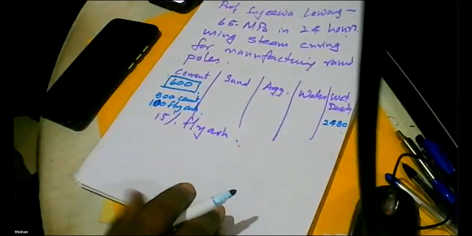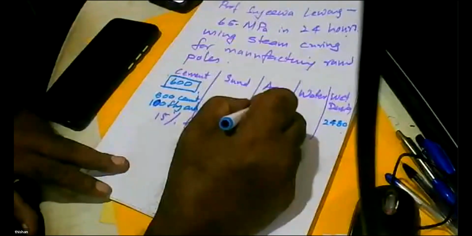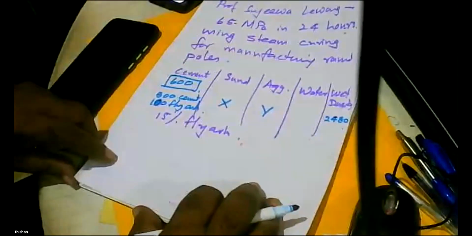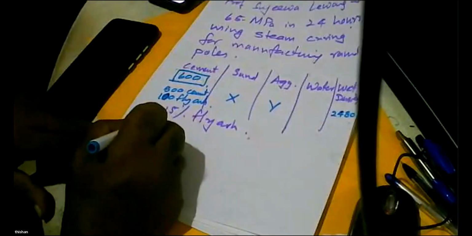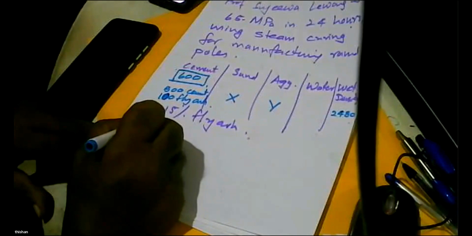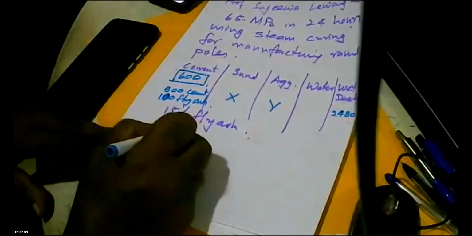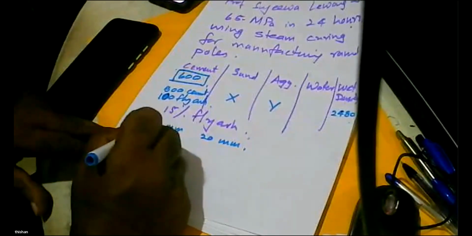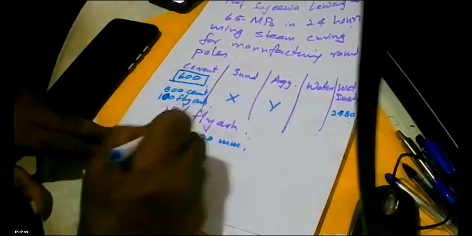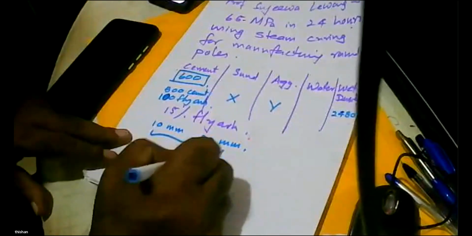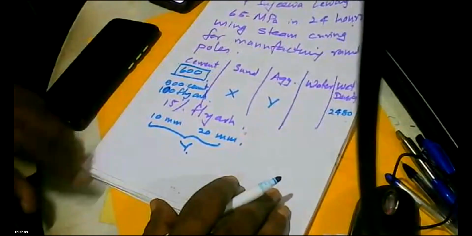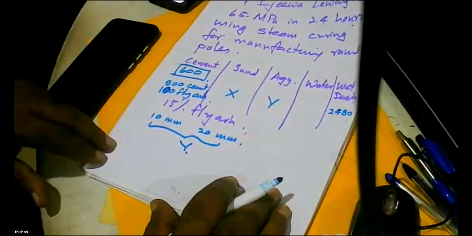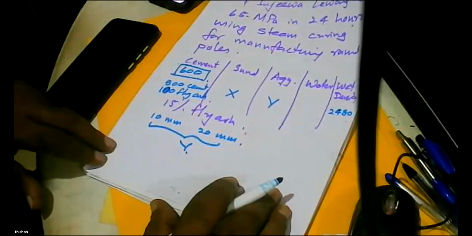And x, y, because this has to be compacted properly, we are going to use a graded mix of 10 millimeter and 20 millimeter and sand. But for this calculation, this is y, and we are going to use a mix of 10 millimeter and 20 millimeter aggregates because they are smaller holes.